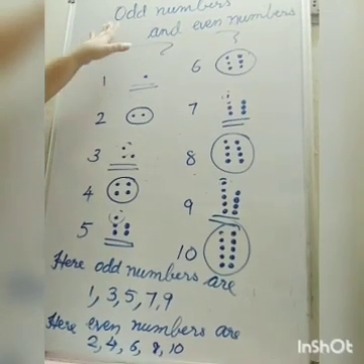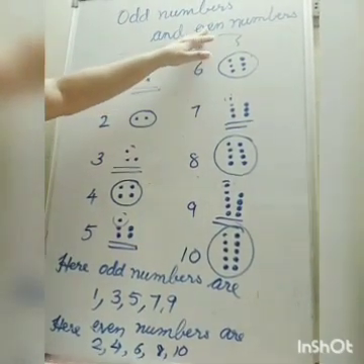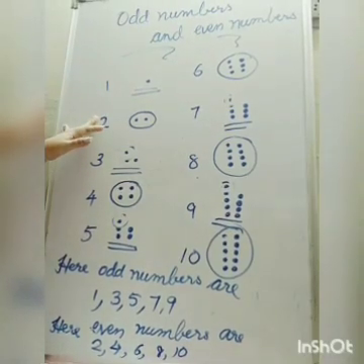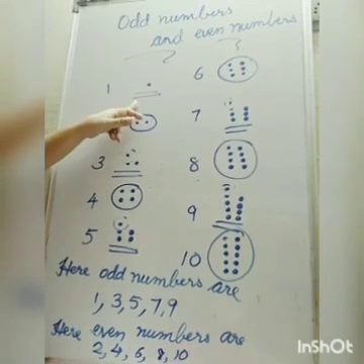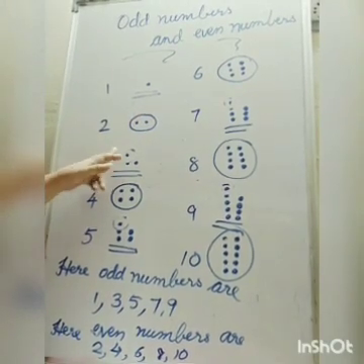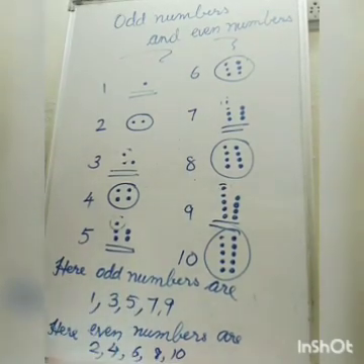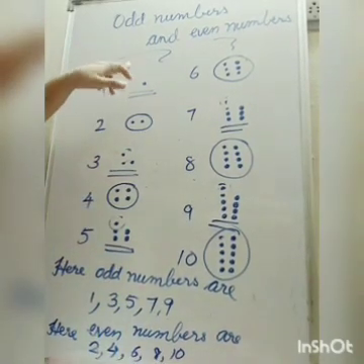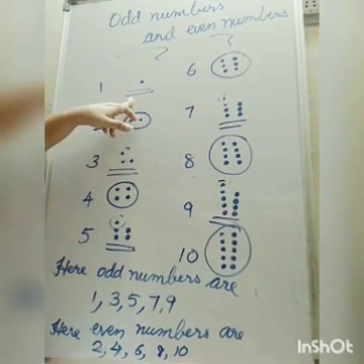Children, listen, our new topic: odd numbers and even numbers. What is an odd number? The dots which represent numbers left over or stood alone are called odd numbers. Just look here and understand. For 1, how many dots are there?